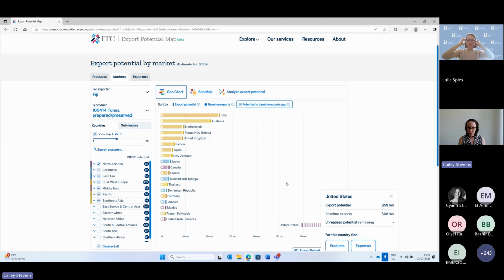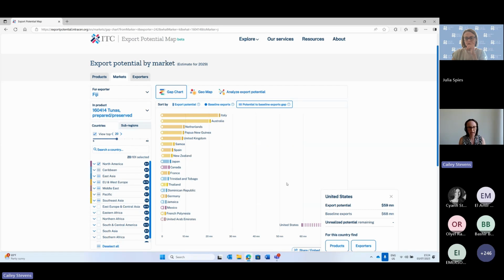Now I'm going to talk a little bit about the model behind Export Potential Map. The model has three components. It has supply, demand, and ease of trade. So supply is going to look at a country's world market share in a product.